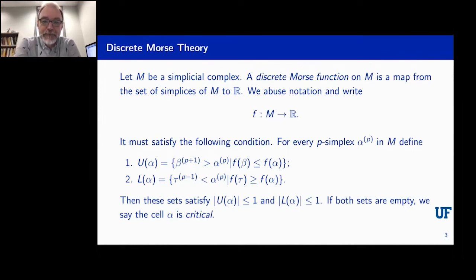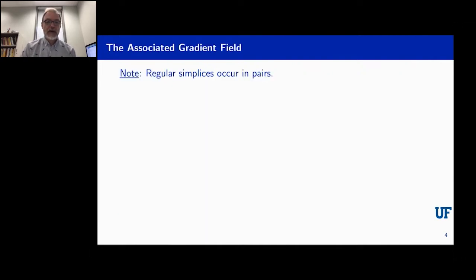The condition is that these sets both have cardinality at most 1. This is due to Robin Forman, going back to his paper in the late 90s. Forman actually proved that these are exclusive: if one of these sets is non-empty, the other one has to be empty. And if both sets are empty, we say that the cell is critical. Regular simplices occur in pairs; those are the cells that aren't critical.